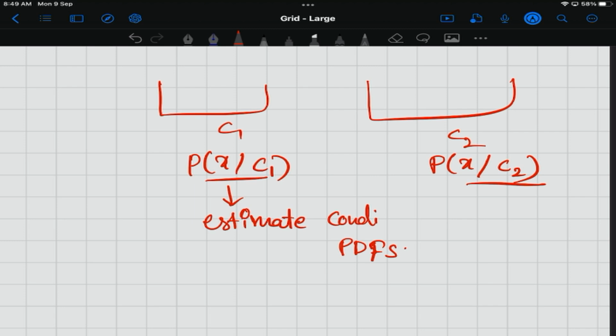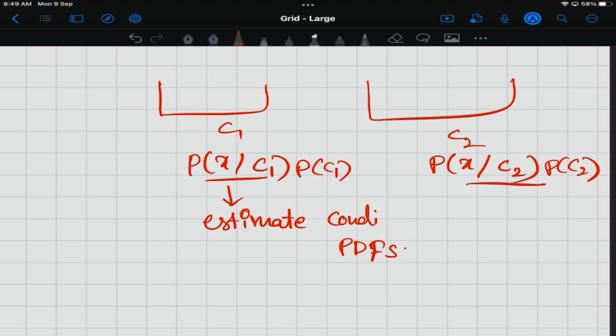And now if you know the prior information, meaning the P of C1 and P of C2, without observing your X data points, you have some information about your classes, then you have to integrate that also. So instead of P of X comma C1, in that case you will introduce P of C2.